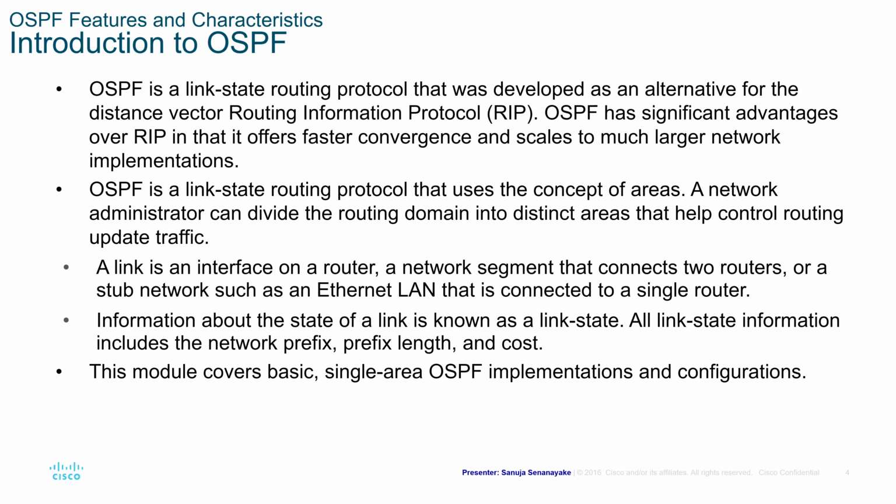Information about the state of a link is known as a link state. All link state information includes the network prefix, prefix length, and cost. This module covers the basic single area OSPF implementations and configurations.